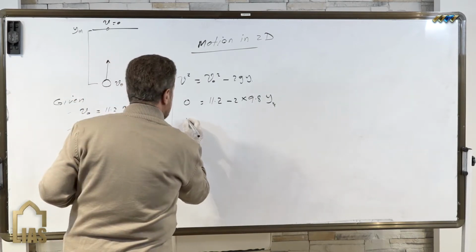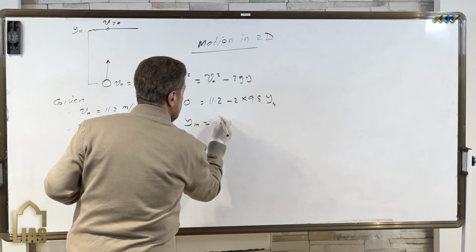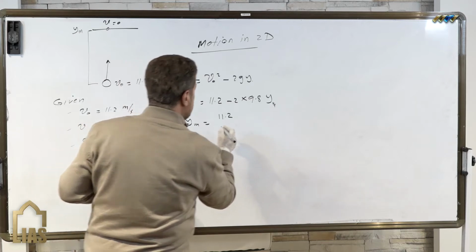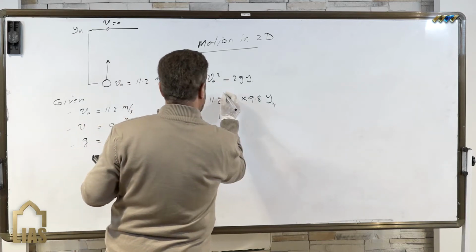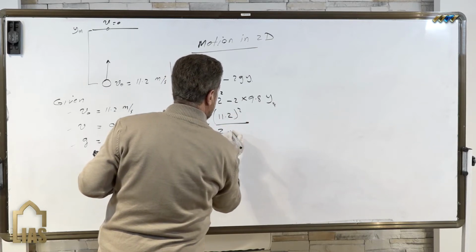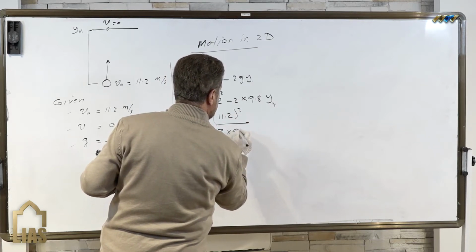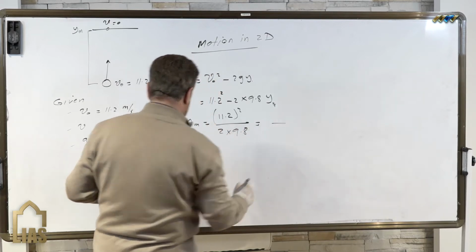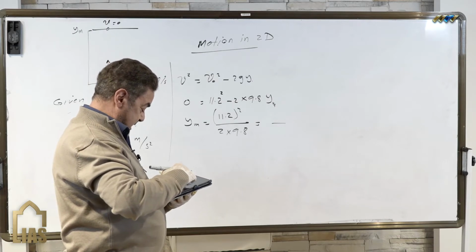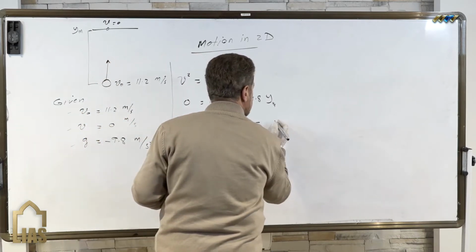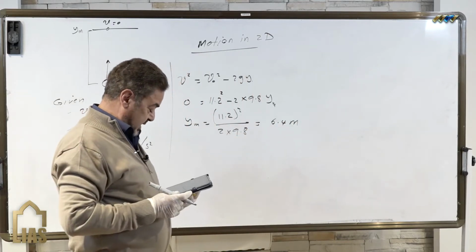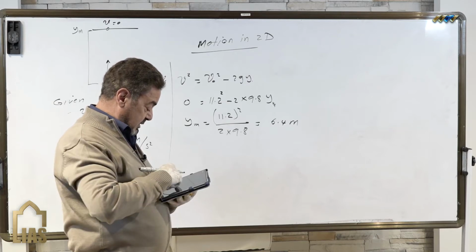In this case, Y maximum is equal to 11.2 squared divided by 2 times 9.8. I didn't calculate that, but it's 6.4 meters.